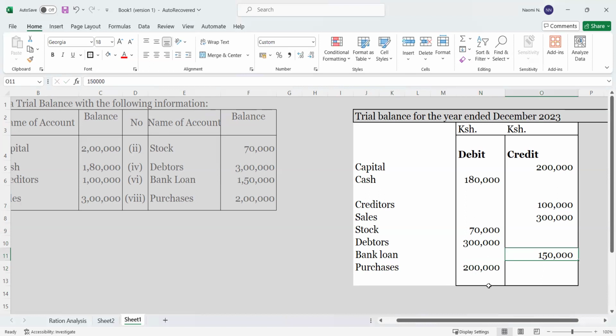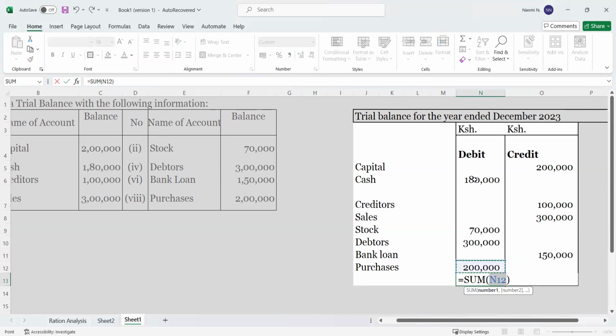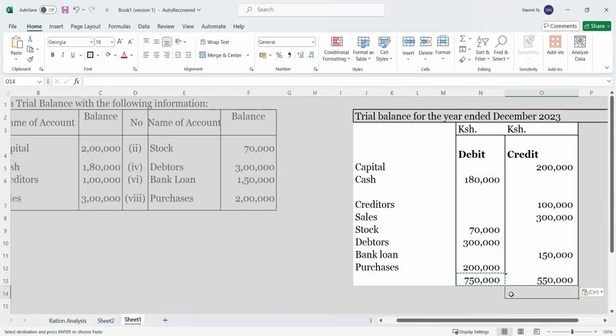There is an issue here. Our books are not balancing. Which one have we not captured well?